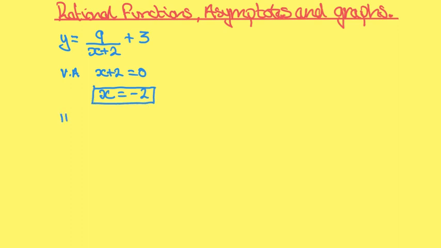For the horizontal asymptote, we again look at the fraction, but at this part we look at the numerator. If the numerator does not contain an x component, the horizontal asymptote will be found at y equals 0.